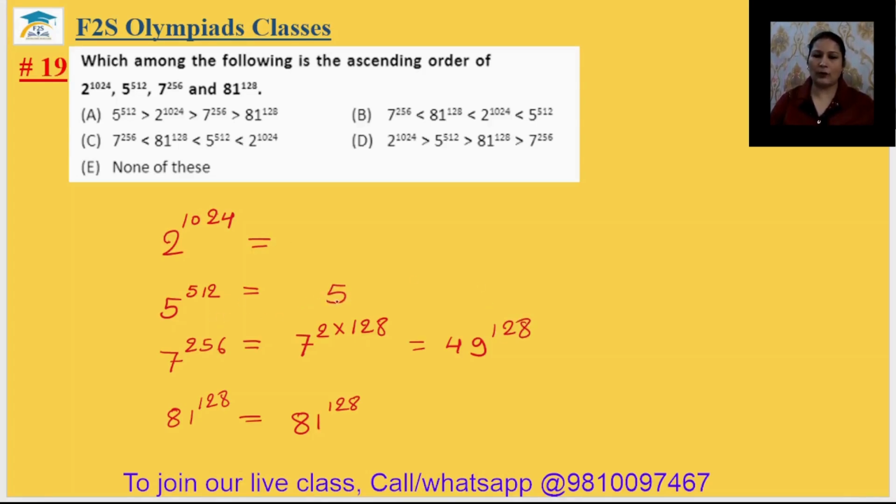Now 5 to the power 4 multiplied by 1/8, that is 5 to the power 4 equals 625 to the power 1/8. Now 1024, 2 to the power 8 multiplied by 1/8. So 2 to the power 8 can be written as 256 to the power 1/8. Now we can see all the exponents are same.